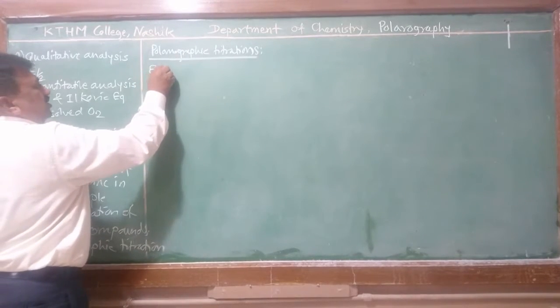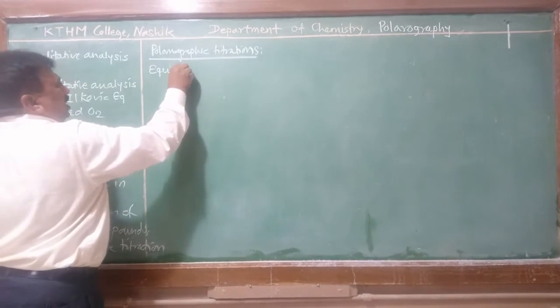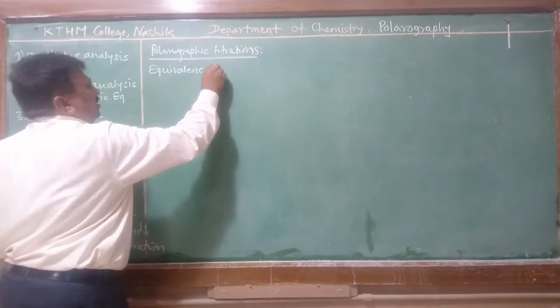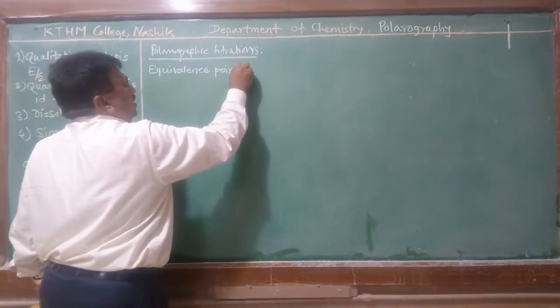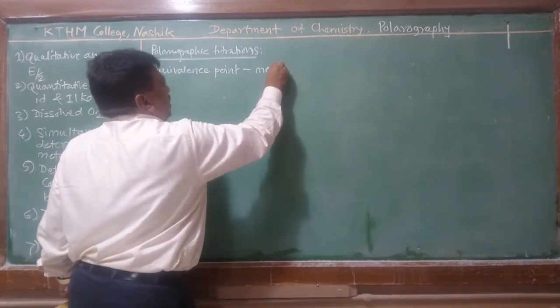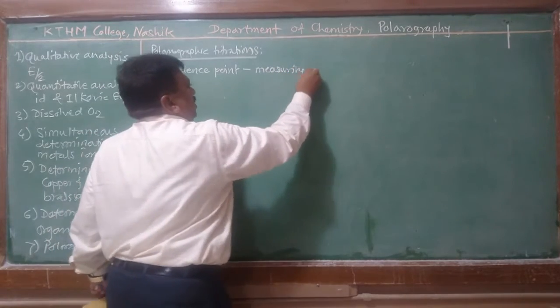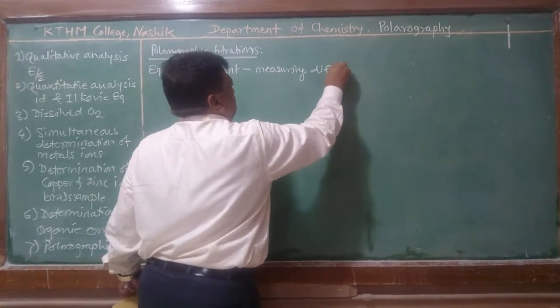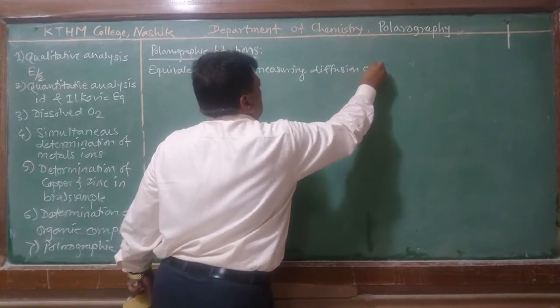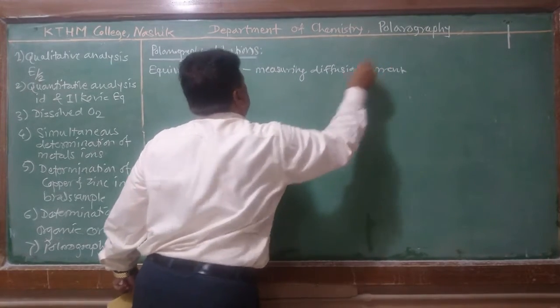Therefore, the equivalence point in polarographic titration is determined by measuring a diffusion current, or you can say a limiting current.